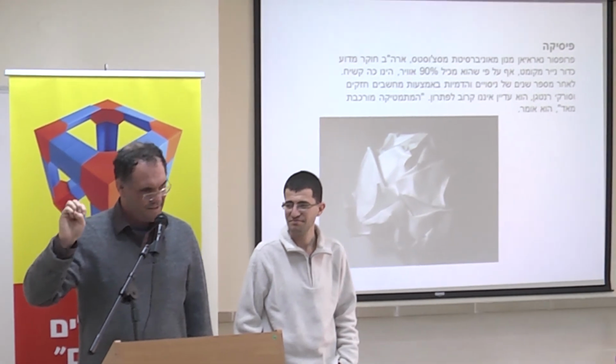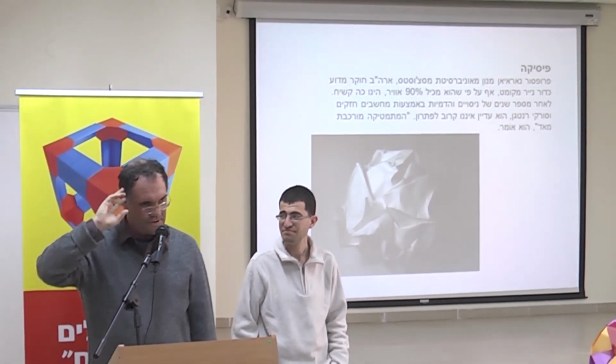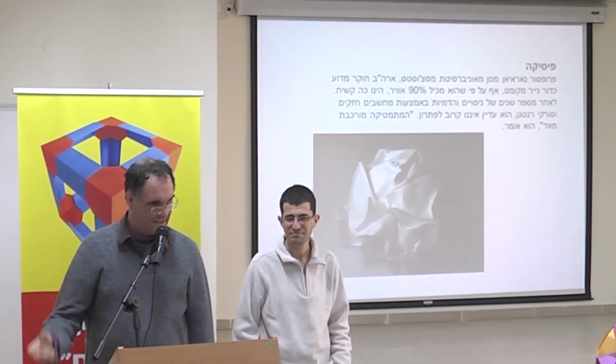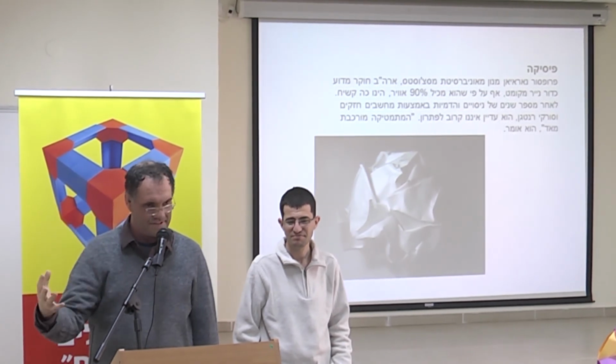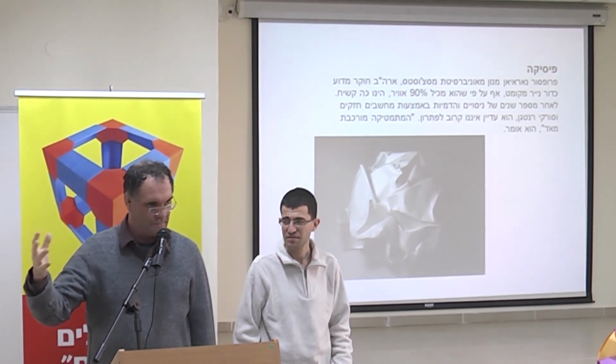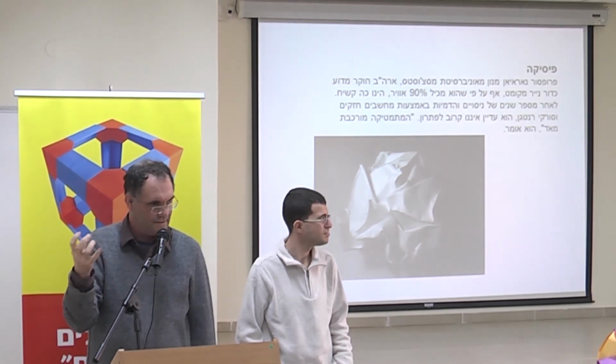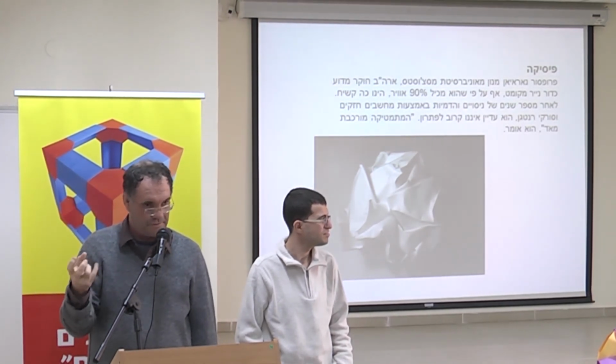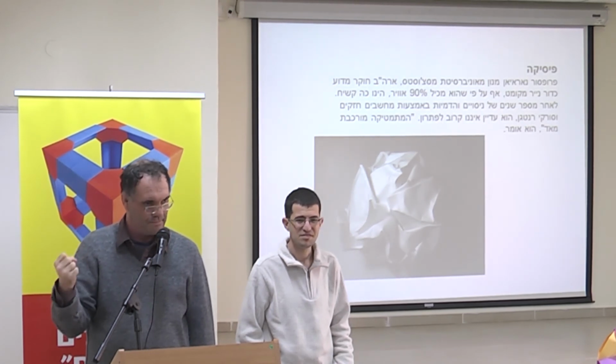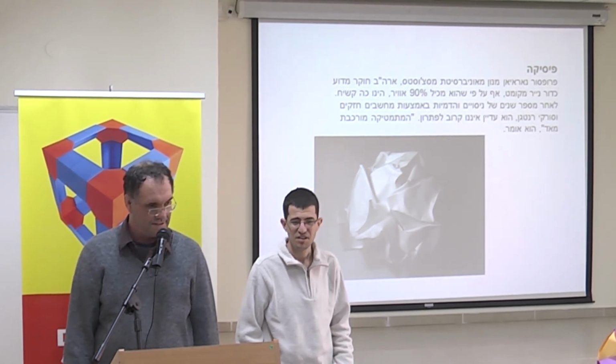But this is a fascinating thing, and these people are going crazy trying to understand it. The mathematics of this, nasty, dirty mathematics, they can't really understand what the structure of this crumpled ball is, because the mathematics is so complicated.